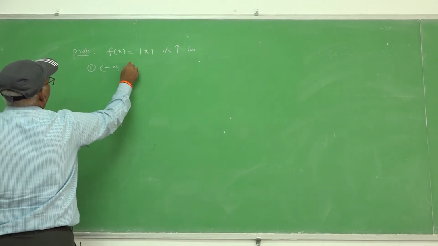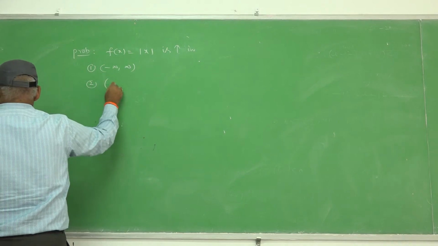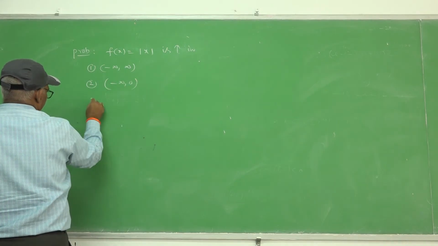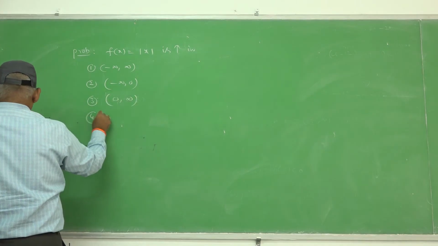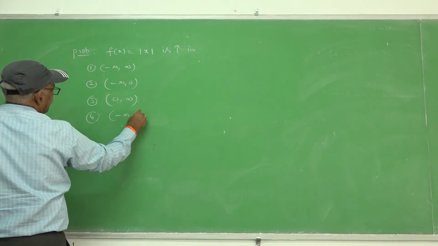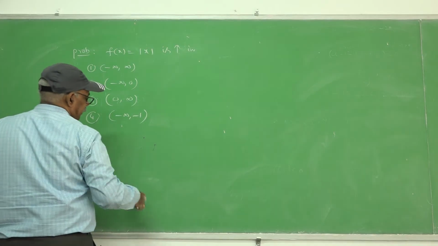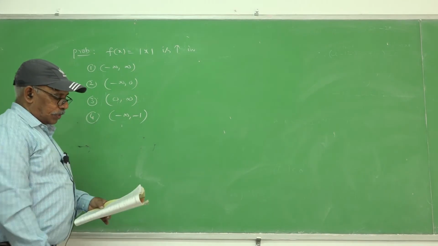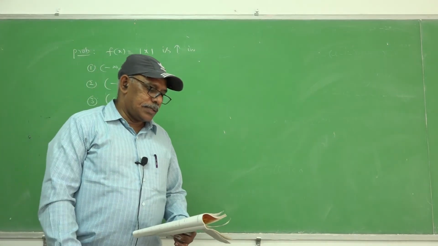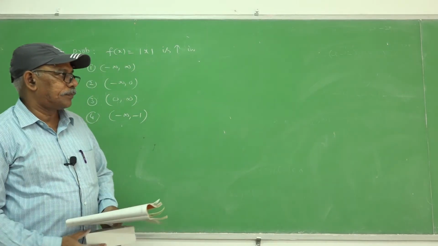Minus infinity to infinity. The second option is minus infinity to 0. The third one is 0 to infinity. Fourth one is minus infinity to minus 1. f of x equal to mod x is increasing in which interval?